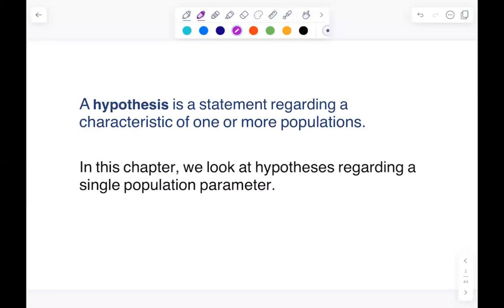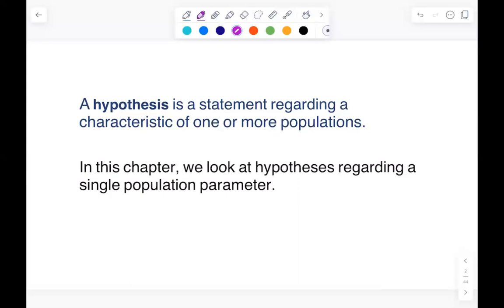Okay, so hypothesis is pretty much the same thing that it is in science. It's a statement regarding a characteristic. We would make a prediction or a hypothesis, and then we would do the math to determine whether to support our hypothesis or not support our hypothesis.